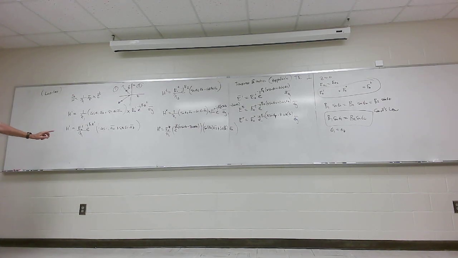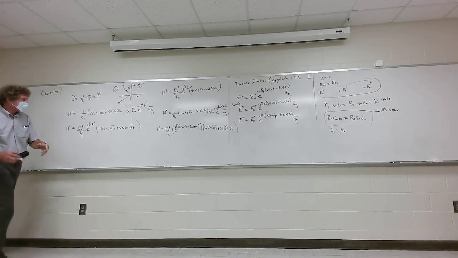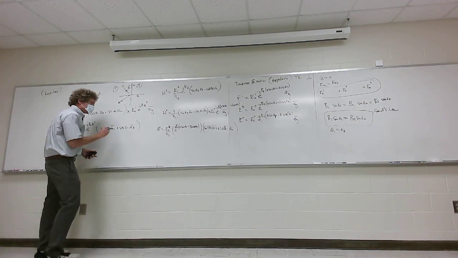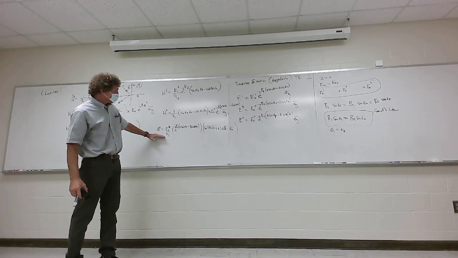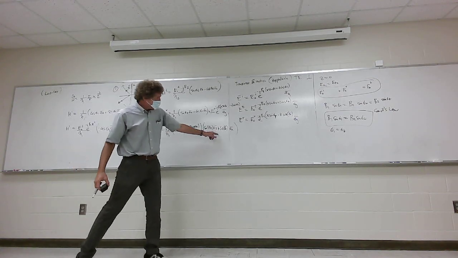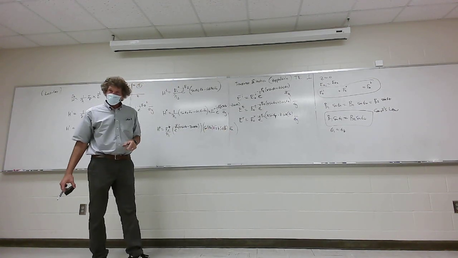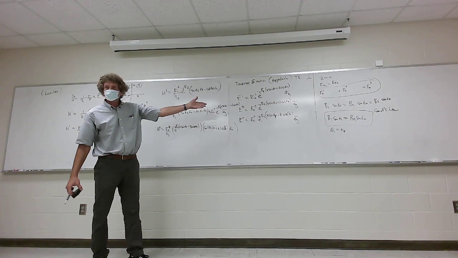Wait a second. No, sorry, this is the H field. It would be this component right here. I'm sorry, the tangent component here, the reflected field, would also be the x component. You all follow me? As well as the tangent component of a transmitted H field.